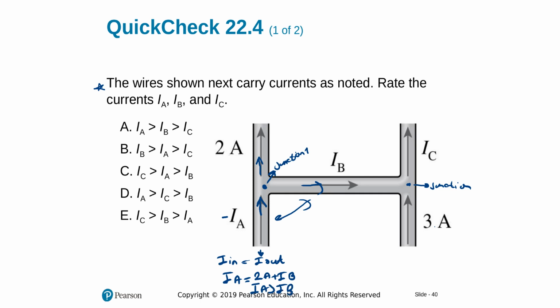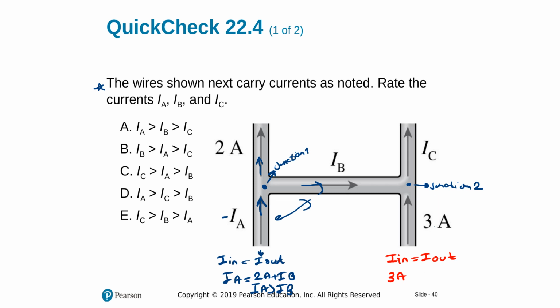Going to junction 2 and applying the same rule, so I in is equal to I out. Sorry, don't go back.